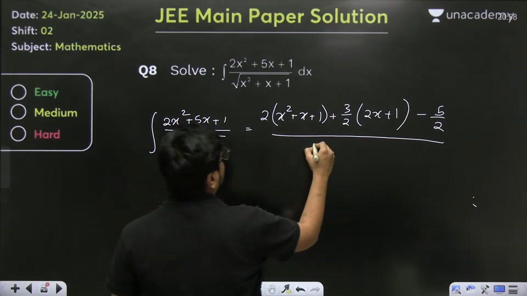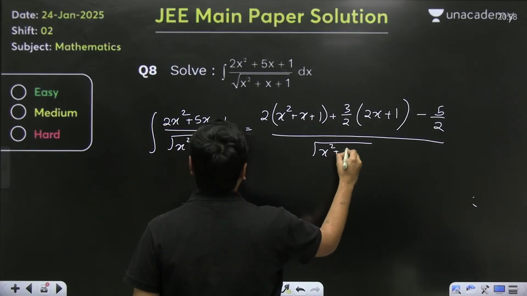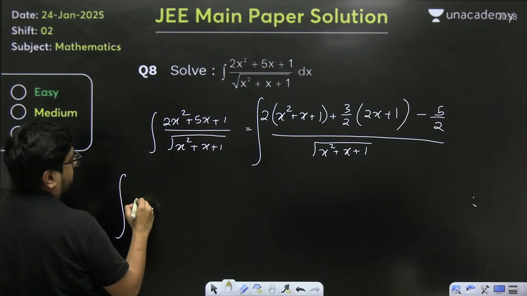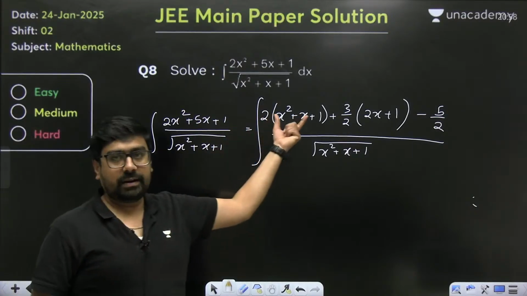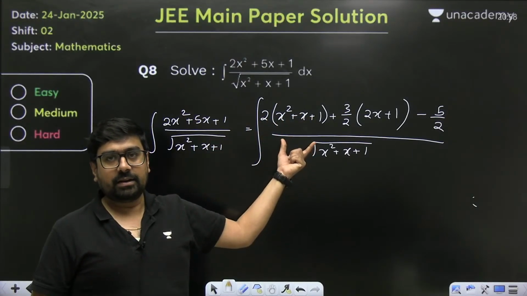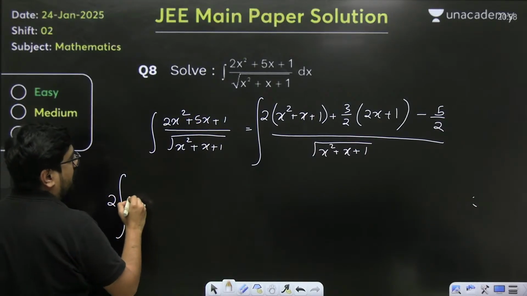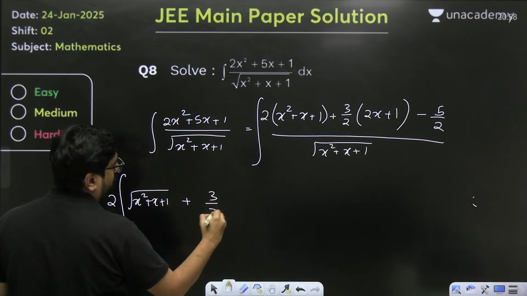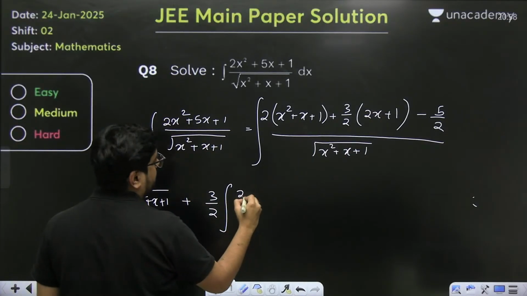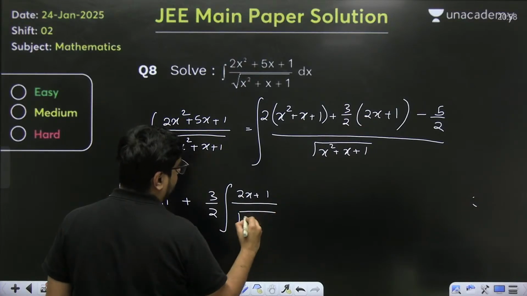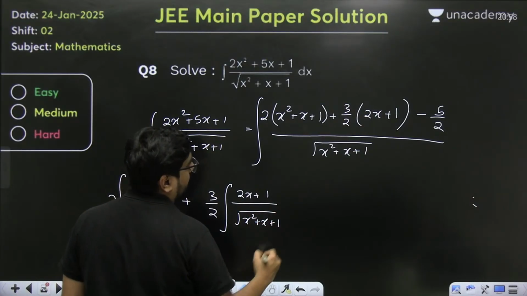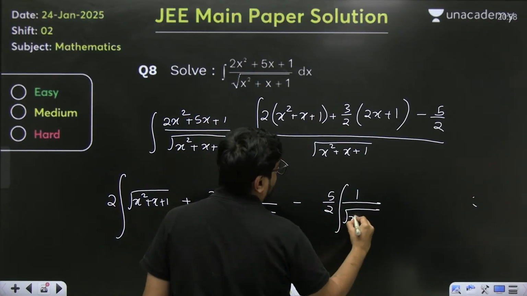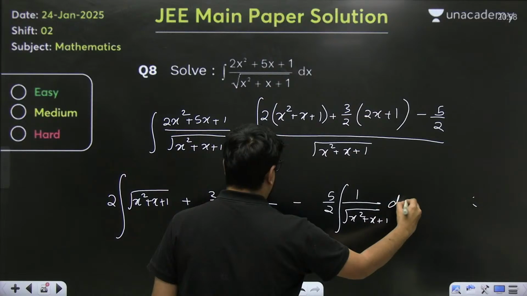So now you can easily integrate this. Now you know what to do. This will become nothing but the integration of x by root x, so it will become root x. So 2 will come out and we'll have root of x square plus x plus 1, plus 3 by 2 times the integration of 2x plus 1 upon root of x square plus x plus 1, minus 5 by 2 times the integration of 1 upon root of x square plus x plus 1 dx.